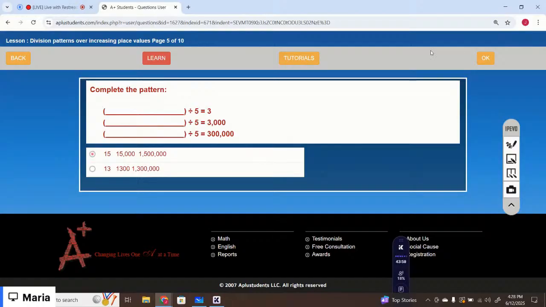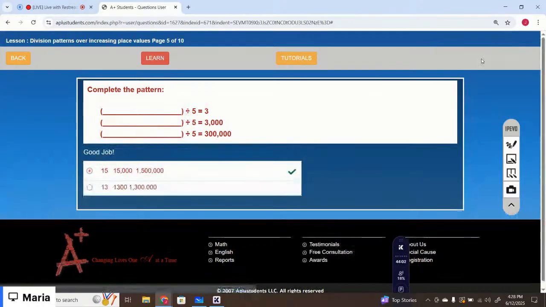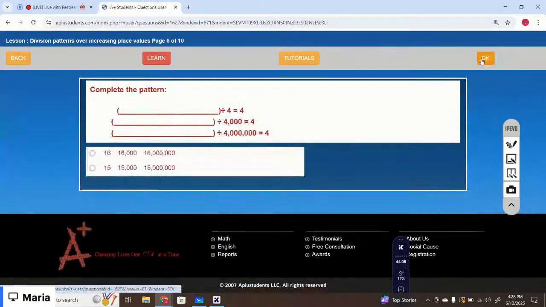Option number one is the correct option. Complete the pattern, which is the correct option. Option number one is the correct option.